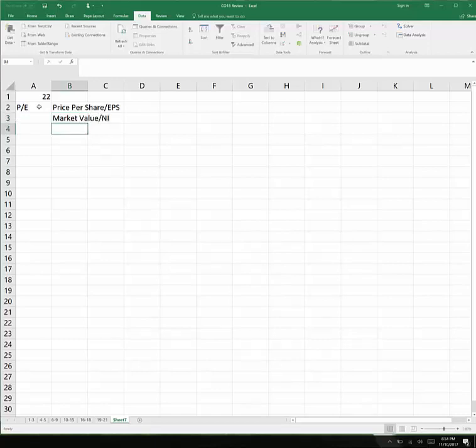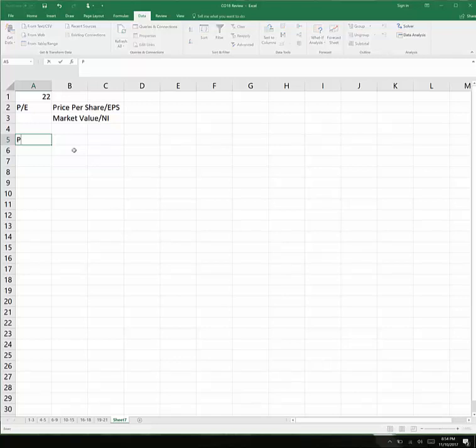Price per share and net income is just taking these two values and dividing by the number of shares. So let's look and see what's easier there. I don't think one's necessarily easier than the other. So let's use this approach, the market value approach. I think that's slightly easier.